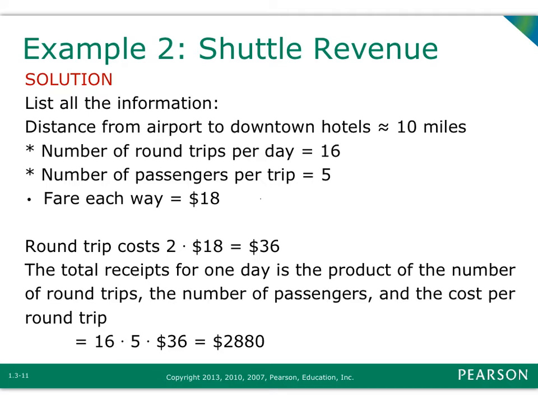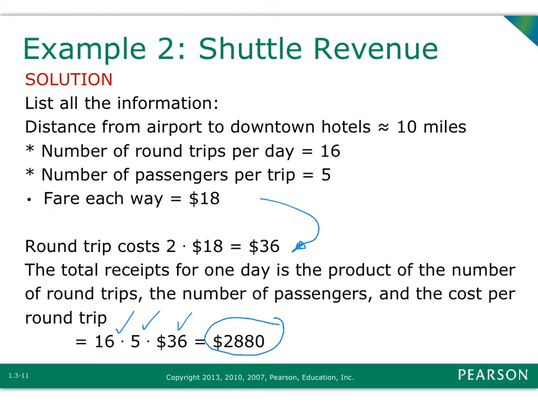So our round trip cost is $36, and the total receipt for one day is the product of the number of round trips, the number of passengers, and the cost per trip. So we have the number of trips, the number of passengers, and the cost, and we multiply it all together, and we see the solution is $2,880.